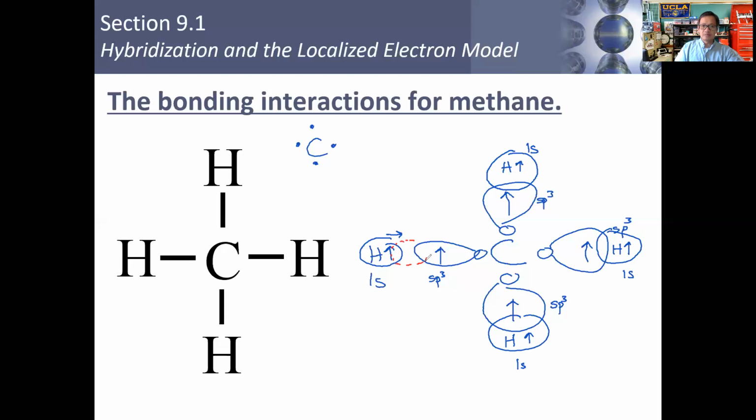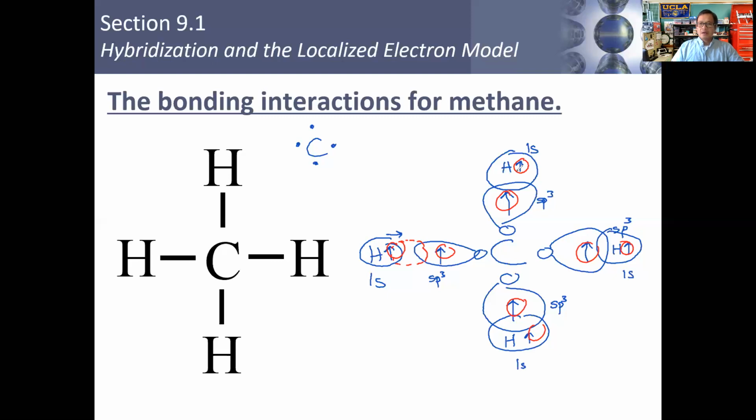This overlap here, when it moves in, is going to be between a 1s atomic orbital from hydrogen and an sp3 hybrid orbital from carbon. And this overlap is what forms the single bond that we see right here. That single bond is the sharing of these 2 electrons in each one of these bonds. So you have 1 electron coming from carbon, 1 electron coming from hydrogen, and there you form the single covalent bond between carbon and hydrogen.